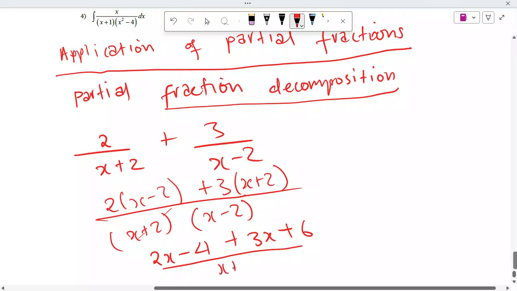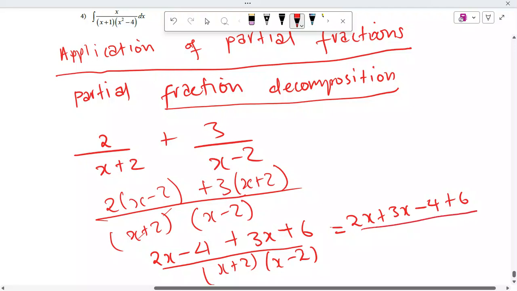over x plus 2, x minus 2. Okay, so you further simplify this by grouping like terms, so you say 2x plus 3x, minus 4 plus 6, over x plus 2, x minus 2.